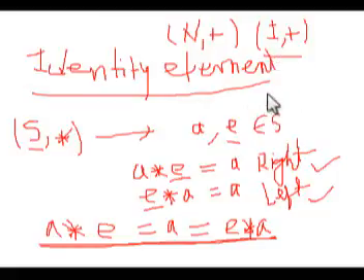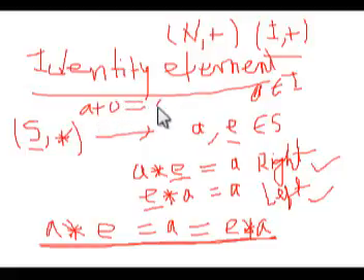Any element, if you take in the set of integers, like a belongs to I, then this condition is fulfilled: a plus 0 equals a equals 0 plus a.